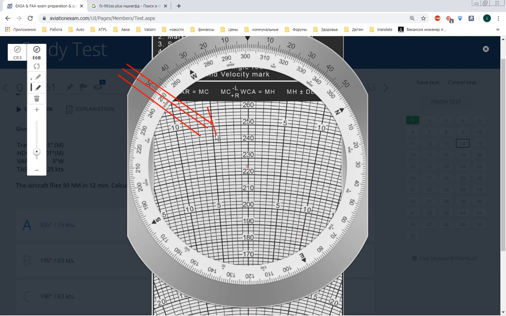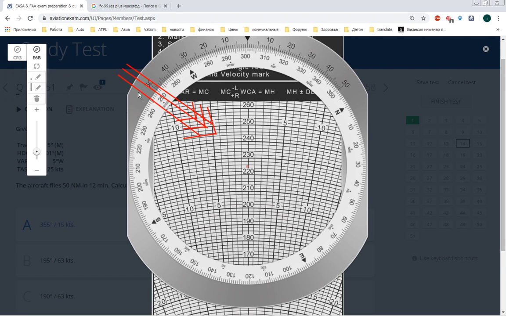And don't forget, wind is always shown with three triangles, track with two triangles, and heading with one triangle.